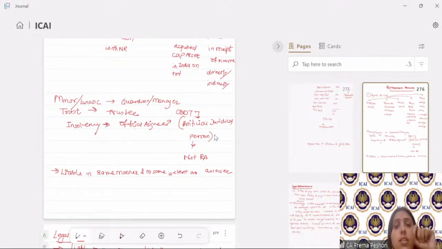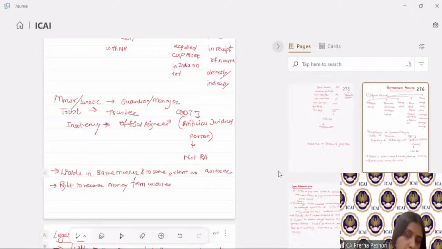The representative assessee can recover the amount from the main assessee on whose behalf he has paid the tax. So he has the right to recover money from the assessee or adjust the money.